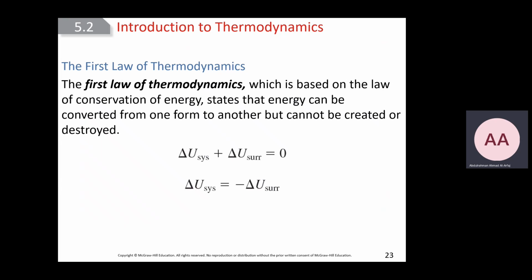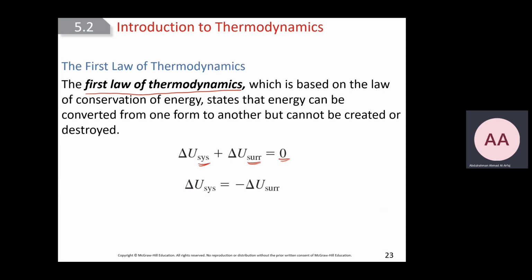Now, the first law of thermodynamics is a very simple law. It says that delta U of the system plus the internal energy of the surrounding must be equal to 0. This means you cannot gain or lose any energy.